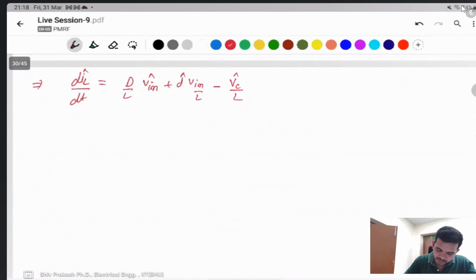Sorry. Delta VC cap by dt is equal to IL cap divided by C minus VC cap divided by RC. Equation 9.